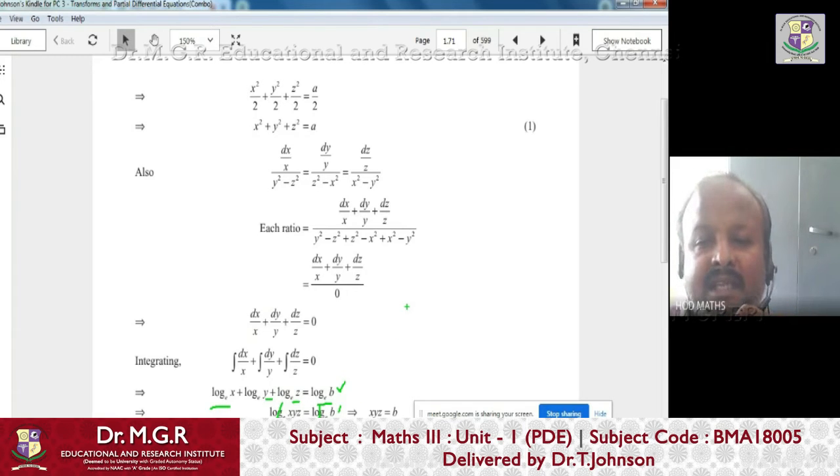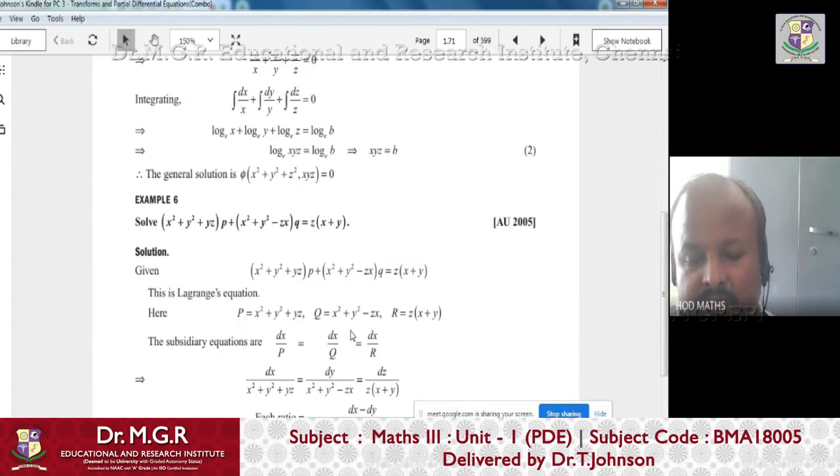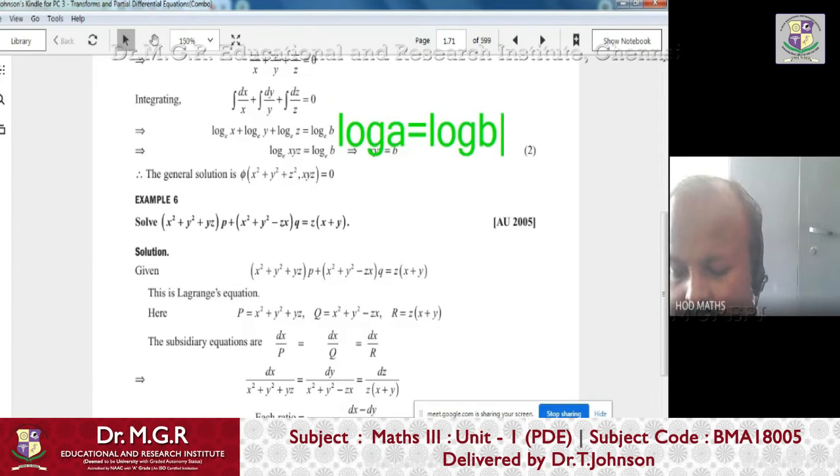But the theory says if the log values of two things are equivalent, that is, if log a is equal to log b, then a equals b.